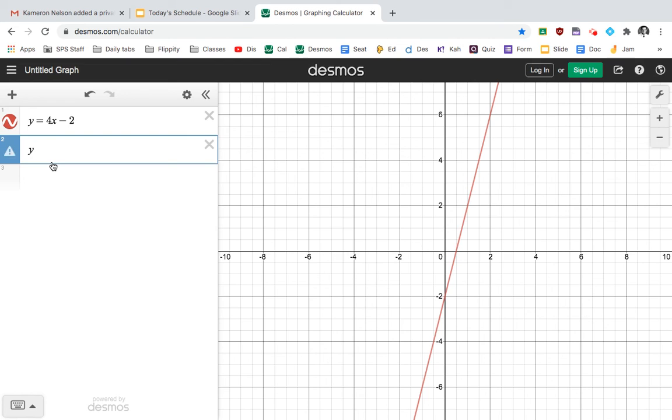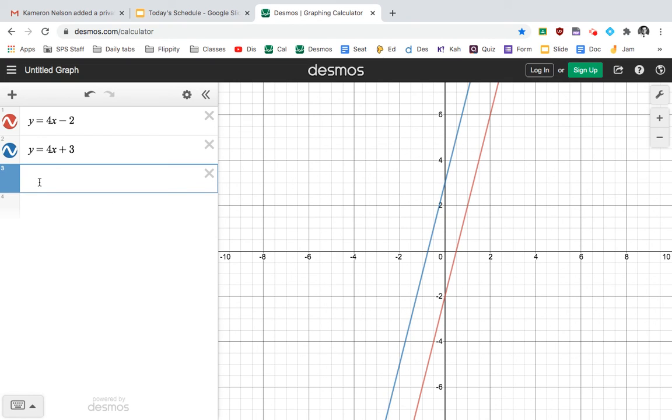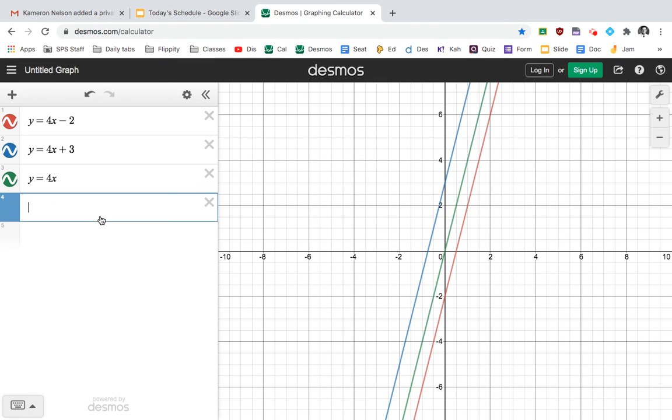So what would the same slope be? Y equals, the slope is 4, so I'll put 4x plus 3. Again, those lines are parallel due to the slope being the same. If I want another parallel line, y equals, I'll just do plain old 4x. So there's another one.